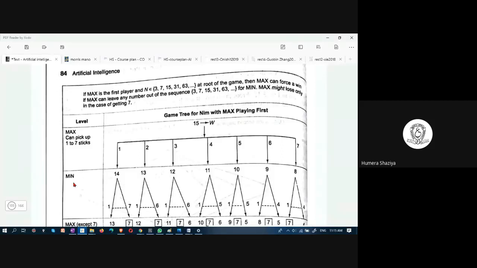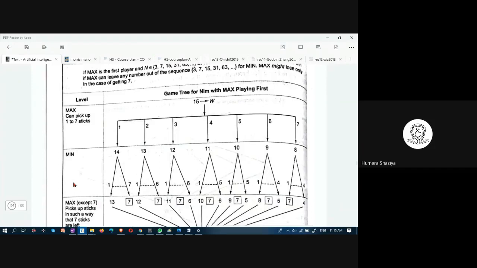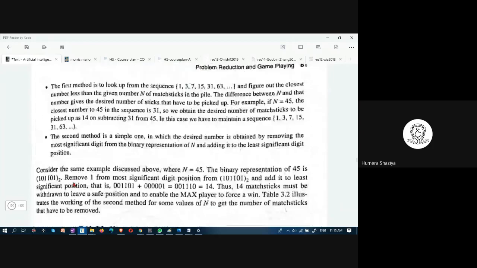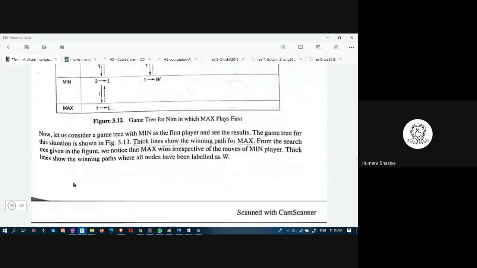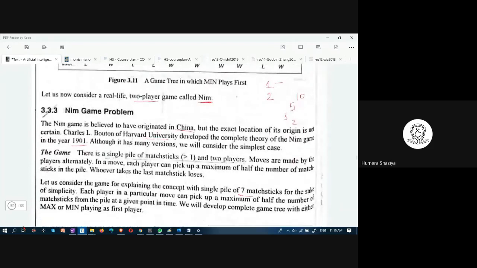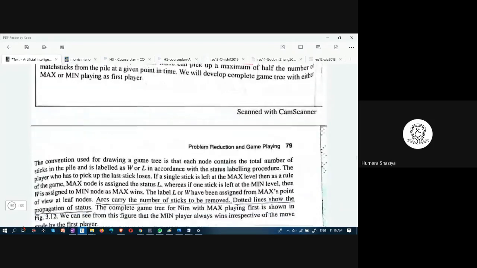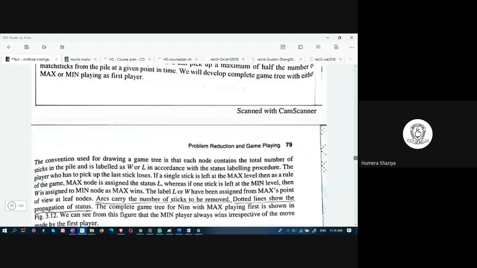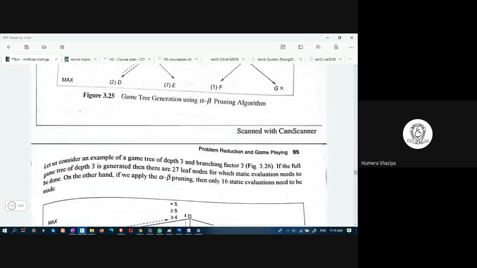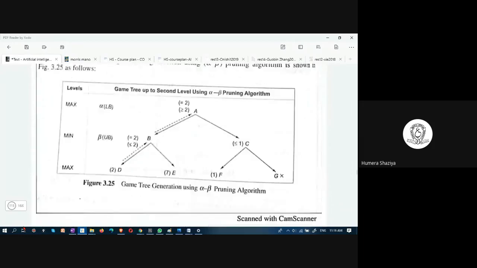There are so many aspects of that. Please see page number 78 to 88 or 87, section 3.3.3; that is name game. Please go through that.